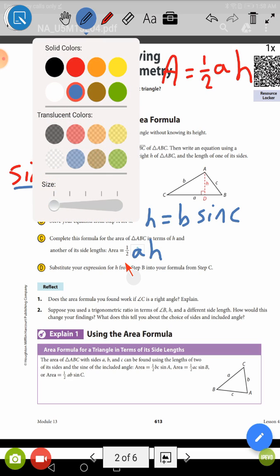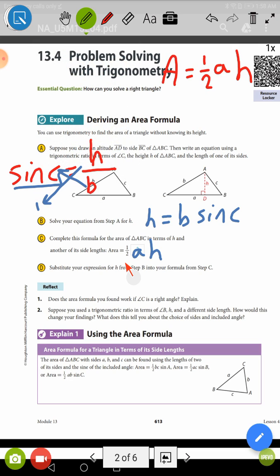Then what shall I do? We replace h by that value, so the area equals half multiplied by a, and instead of h we write b sine C. So our area is half ab sine C.